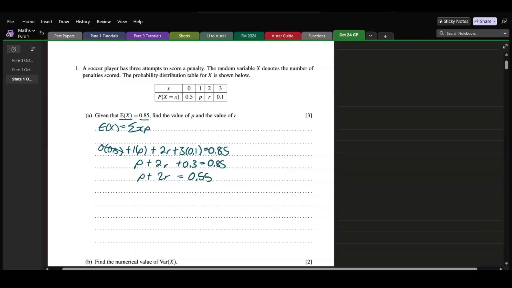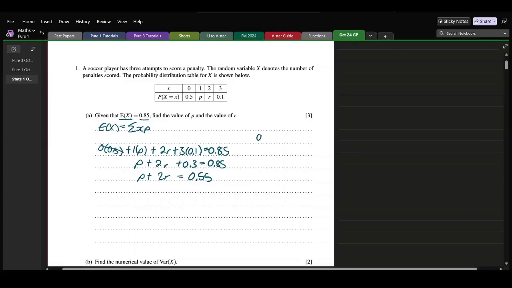0.55. Now we can also create another equation in terms of p and r using the idea that the sum of the probabilities should add up to 1. So if we add up all the probabilities that we have over here, they should add up to 1.